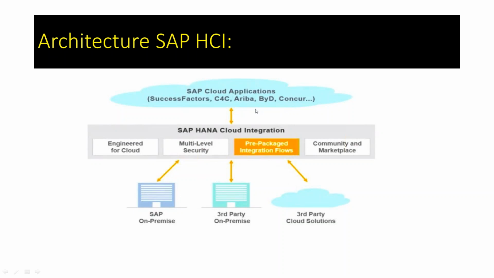It can work in both directions, and it can be synchronous and asynchronous also. It provides security, and we have community and marketplaces, where you can easily learn and get the support of other developers who are building on top of it. So on SCN, there are different communities you can go to and start learning.